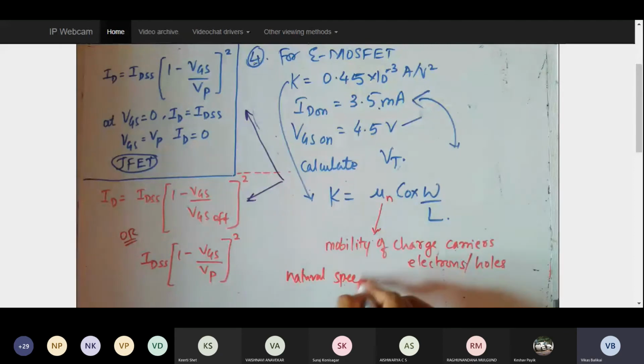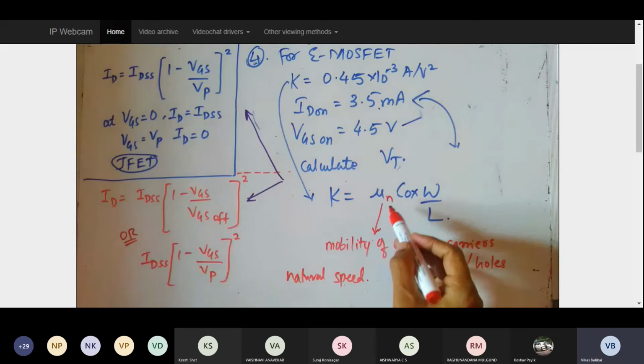Every charge carrier, every entity, will have its own natural speed at which it can move. Why did I consider this? Because when current flows, when charges move and at what speed they move also matters to me. That is identified by mu n. It is a constant. It will be predefined.